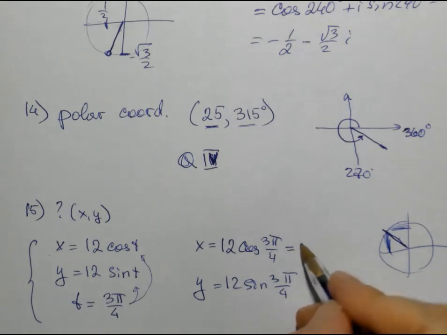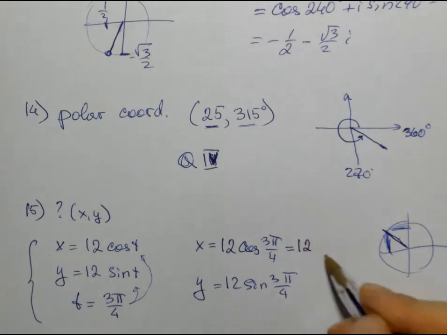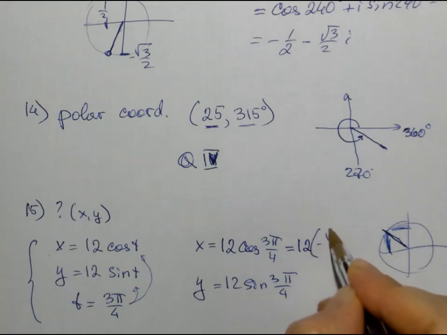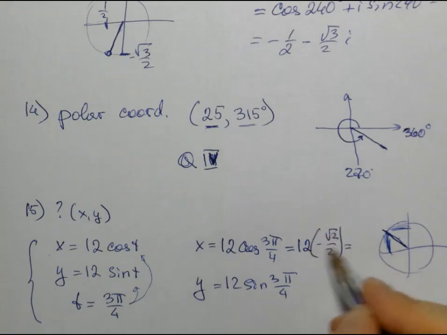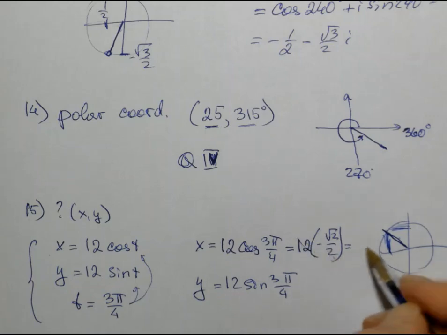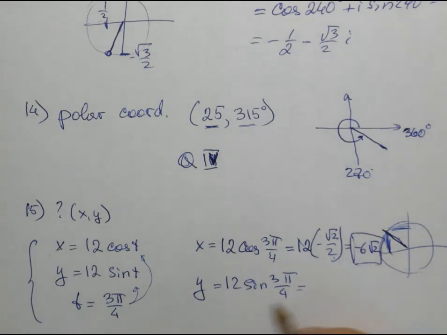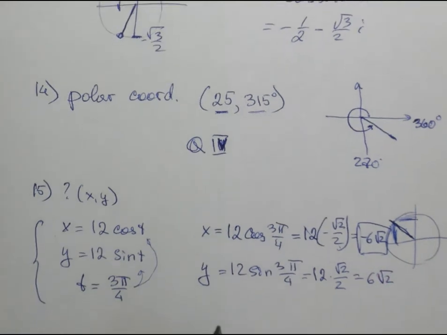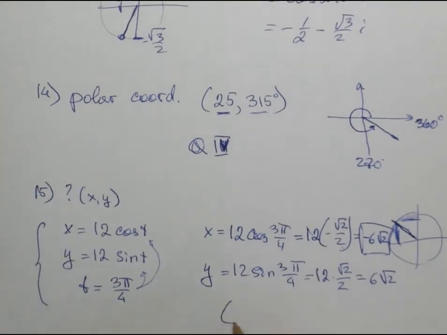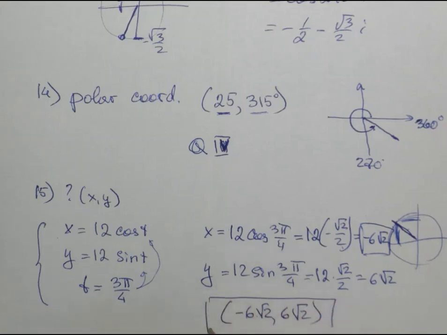So we substitute: x equals 12 times negative square root of 2 over 2, and dividing 12 by 2, we get negative 6 square root of 2, and y is 12 times positive square root of 2 over 2, 12 divided by 2, 6, positive 6 square root of 2. So the ordered pair x, y is negative 6 square root of 2 and positive 6 square root of 2.